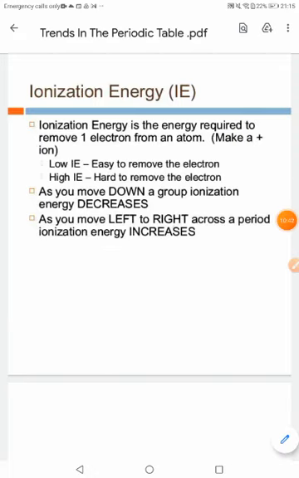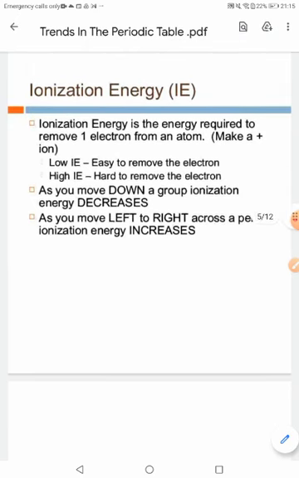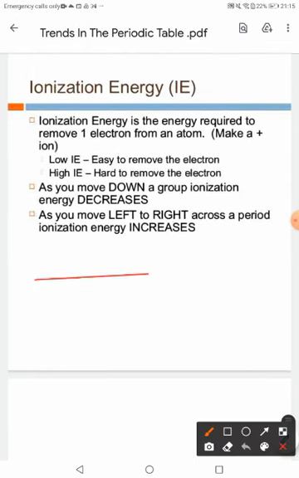But as we move from left to right across a period, ionization energy increases. We have already discussed that along a row, the atomic size keeps on decreasing. Suppose again we take the example of the third row, which will have 3 shells.